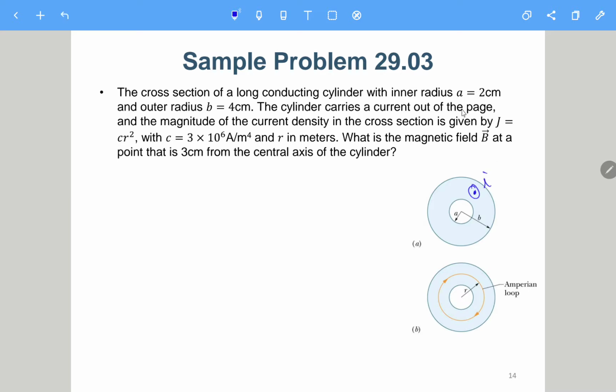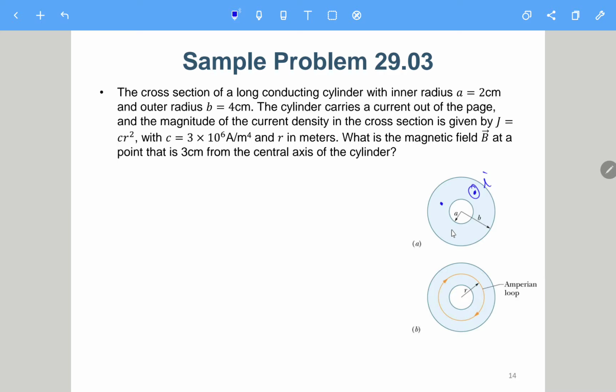The magnitude of the current density J equals C times r squared, where C is this number. What is the magnitude of B at a point that is 3 centimeters from the central axis? 3 centimeters is actually inside this wire here.